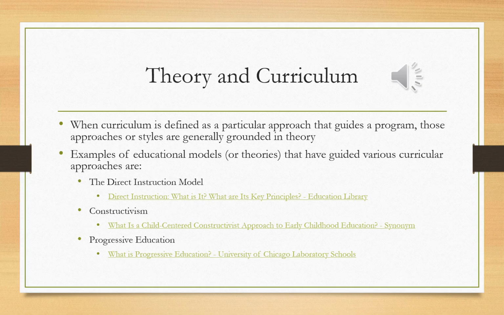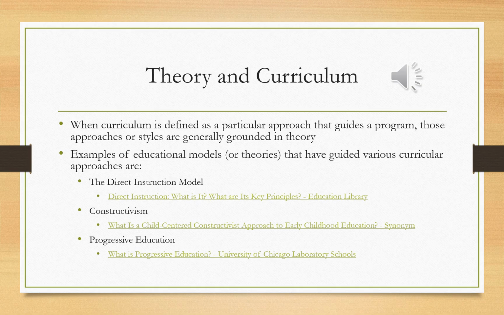So the articles on this page give you more information about each of these educational models or theories, but just to know that direct instruction is based off of behaviorism. Constructivism is based off of Piaget's ideas, so children have to construct their own knowledge by hands-on experiences with the environment.